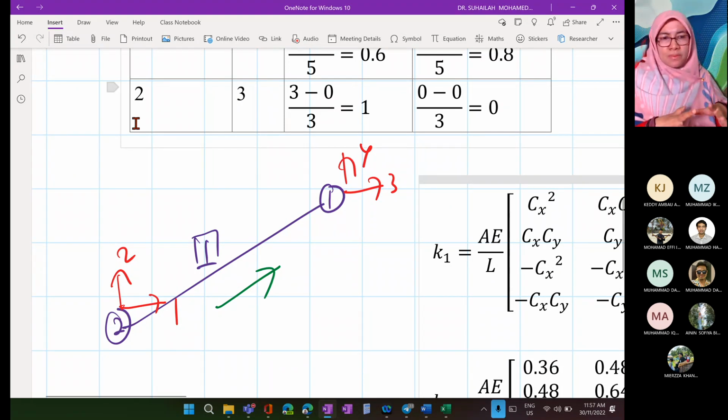Because at the near node we have x and y, at the far node we have x and y.